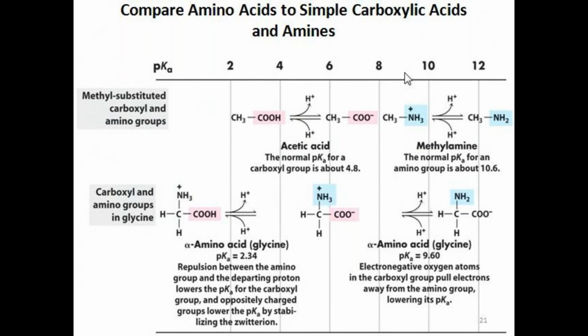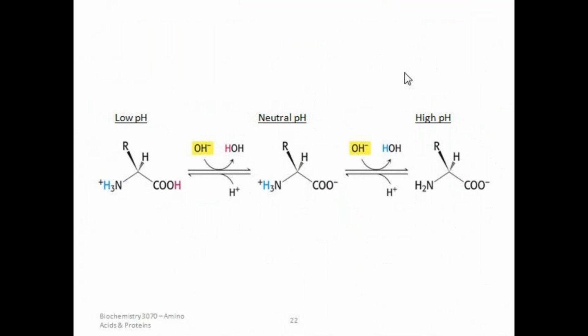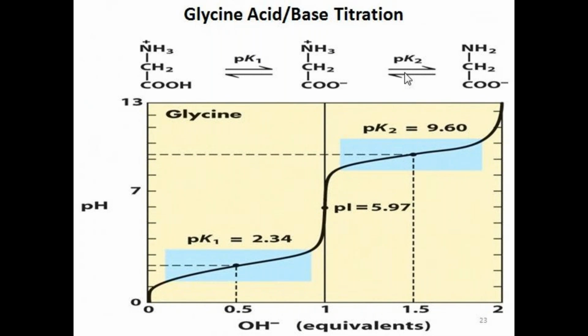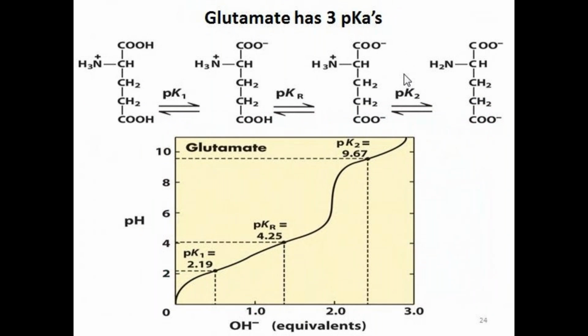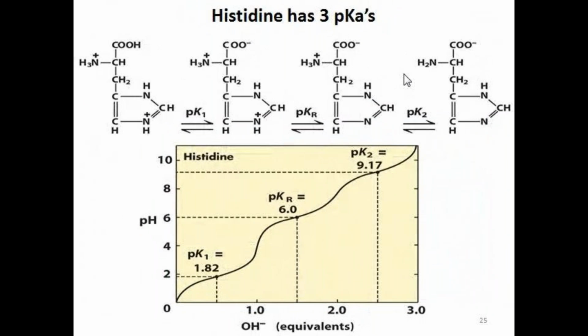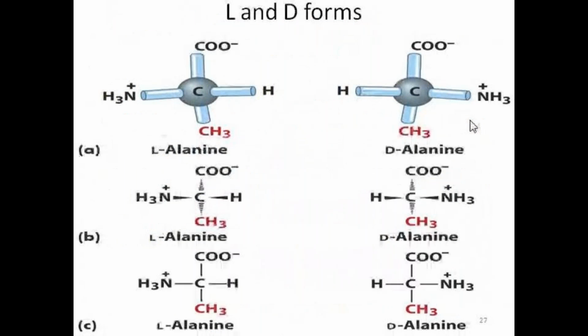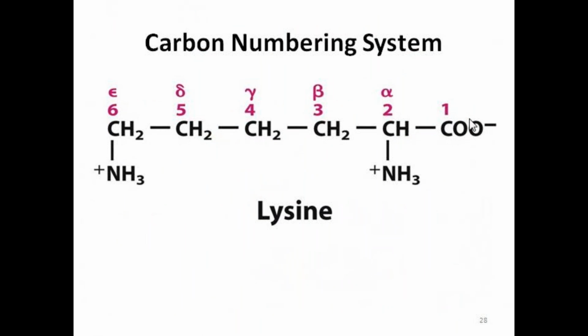Next, calculation of pK values. Histidine has 3 pKa's. By counting the pKa values, we can calculate the pI. And L and D isomers also.